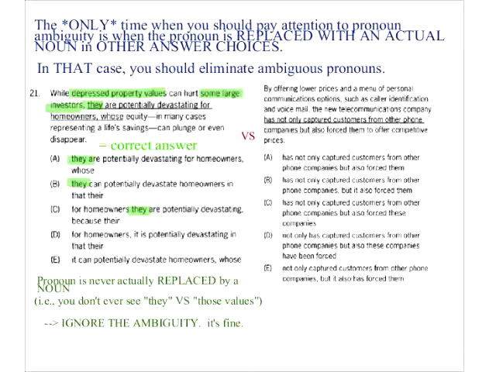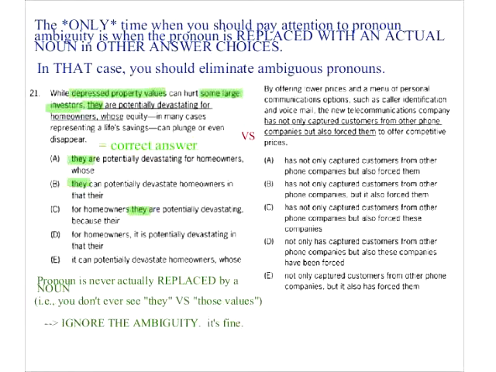Notice in this case, when this shows up on your screen, you actually have a replacement. So here's a them, here's a them, here's a them, here's a these companies, here's a these companies, and here's a them. In this case, you actually have a replacement of this ambiguous pronoun. And notice that it's ambiguous.